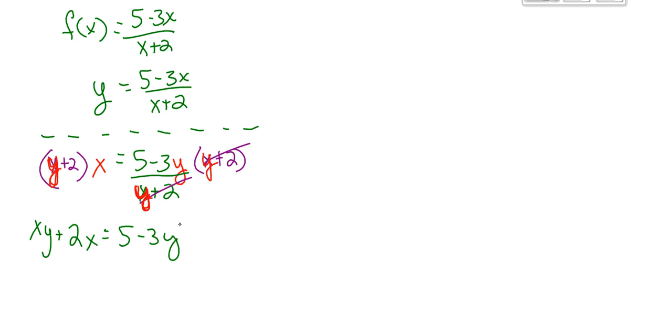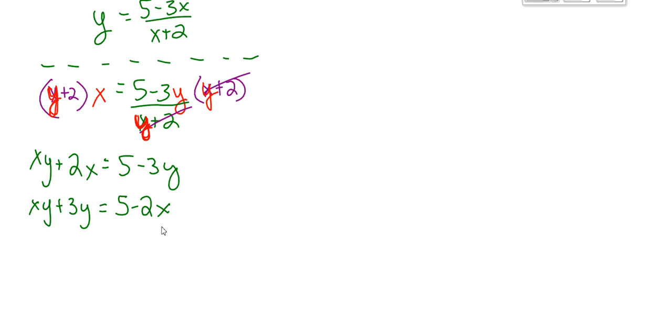And so I have y on the left and y on the right, and I have that xy. But what I need to do then is get my y's on one side and anything else on the other side. So I'm going to add 3y, and I'm going to subtract 2x. So I'm going to get xy plus 3y equals 5 minus 2x. And now I've got the y's on the same side.